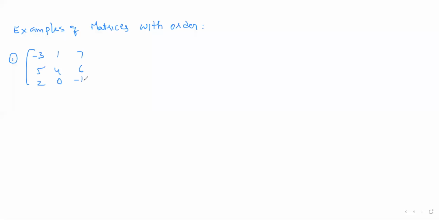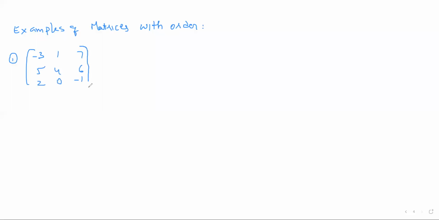Examples of matrices with order. First one: -3, 1, 7, 5, 4, 6, 2, 0, -1.